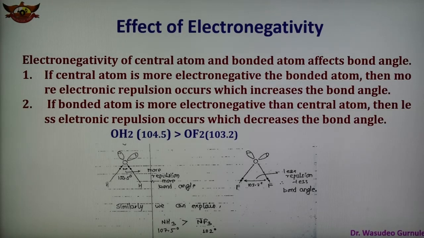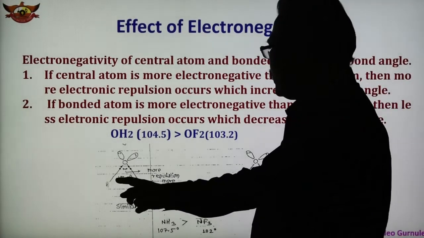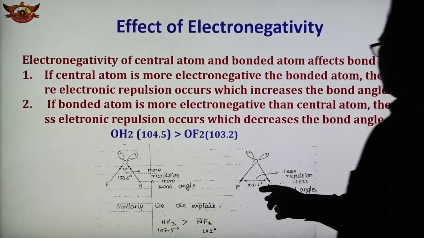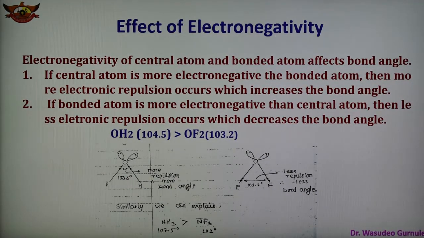In water, the bond angle is 104.5 degrees. In OF2, the bond angle is 103.2. This is an important factor which affects the bond angle of molecules. Electronegativity is an important part of explaining the smaller or larger bond angle in molecules.